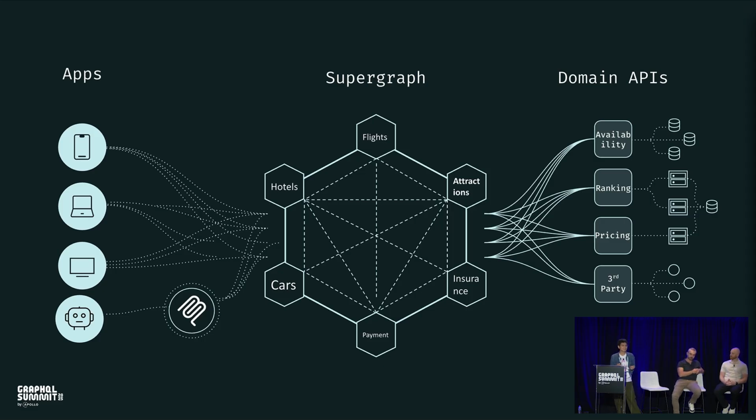Federated GraphQL has become the default data access pattern across the whole organization. Almost all the domains are serving data with federated GraphQL, from flights, cars, insurance to payments.